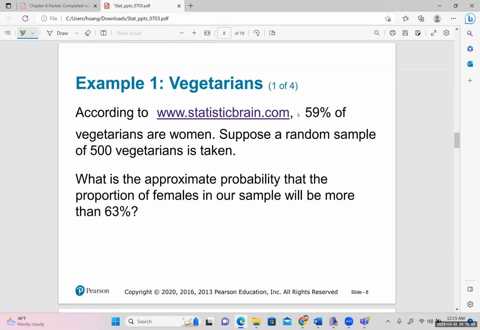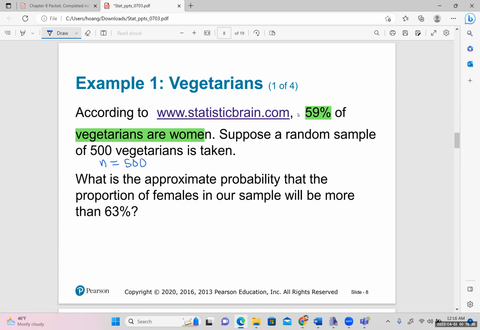So these are examples about vegetarians. According to statisticbrain.com, 59% of vegetarians are female. So that means the population proportion p equals that. Suppose a random sample of size 500. So this is good.